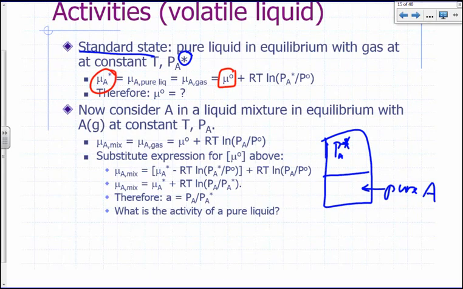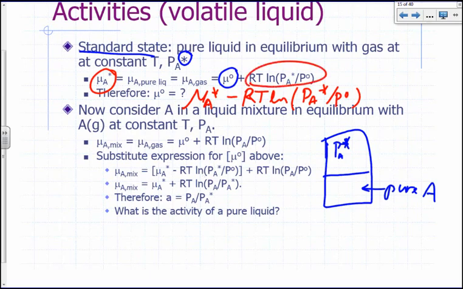It's going to be equal to mu A star minus RT ln PA star over P naught. All I did was solve for mu naught, moving this term over to the left side and subtracting it from mu A star.